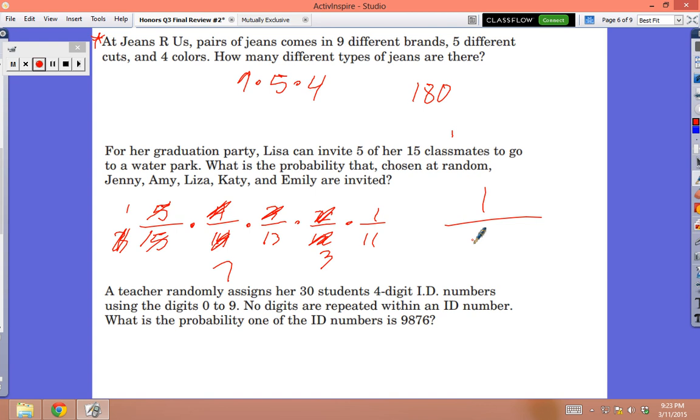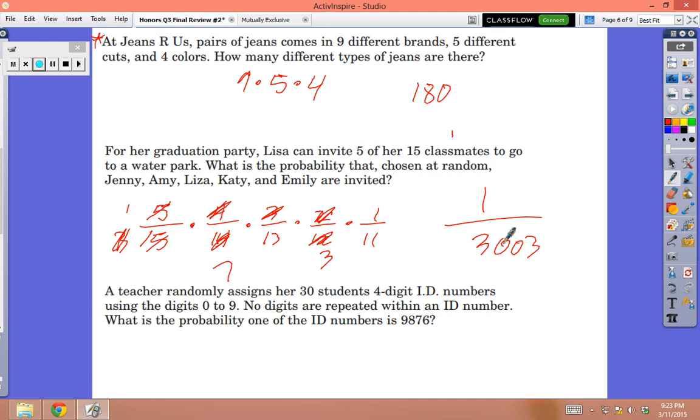That's 3,003. So there's 1 chance out of 3,003 chances, or options, combinations.